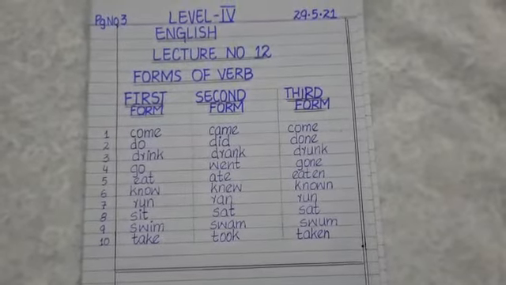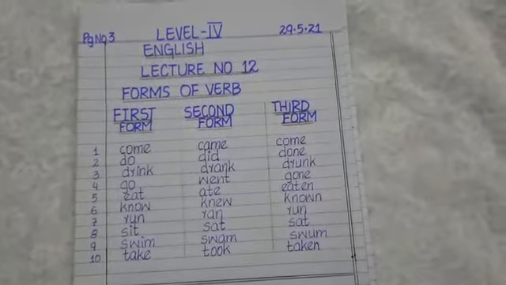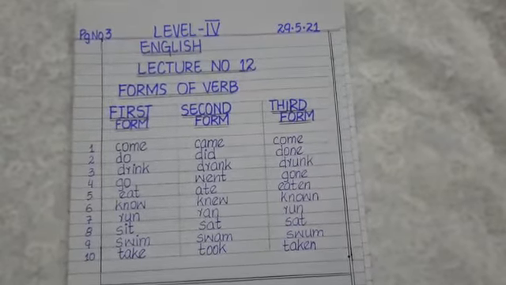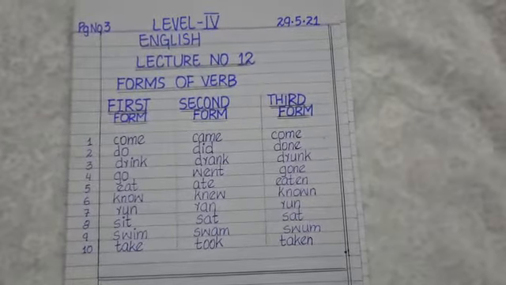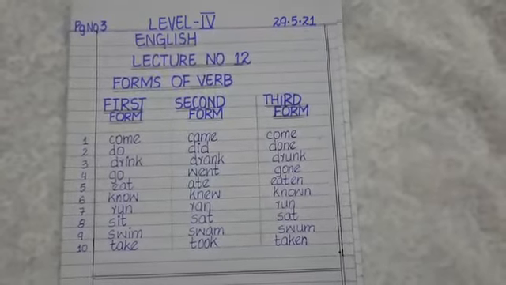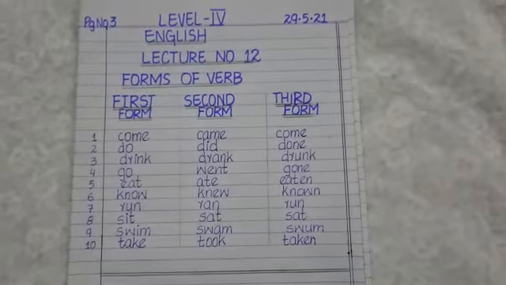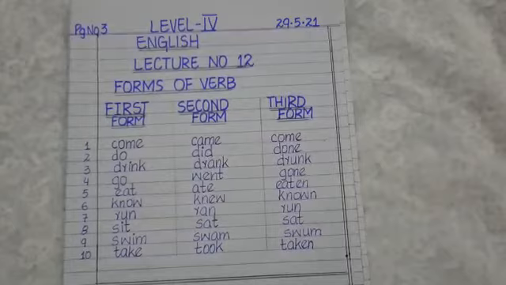The third form is called past participle. The fourth form is called present participle, and the fifth form is called s or es. But the first, second, and third forms are called the basic forms of verbs. Understood? Thank you so much.